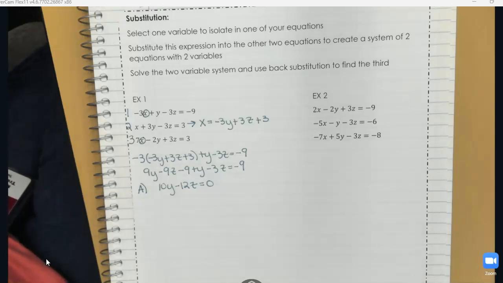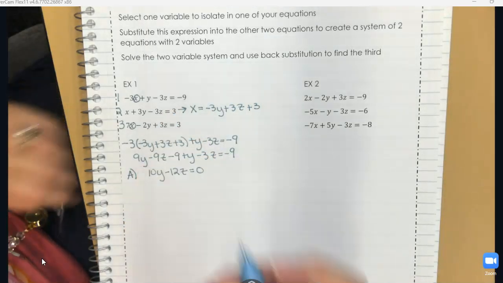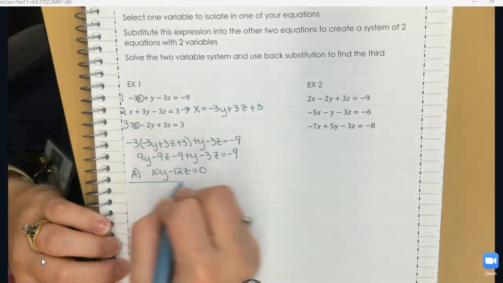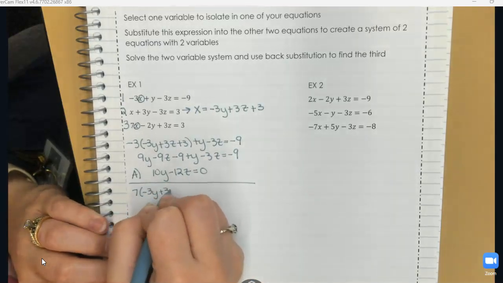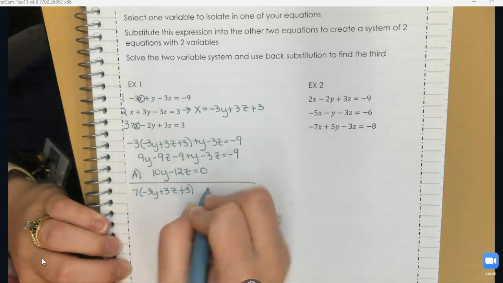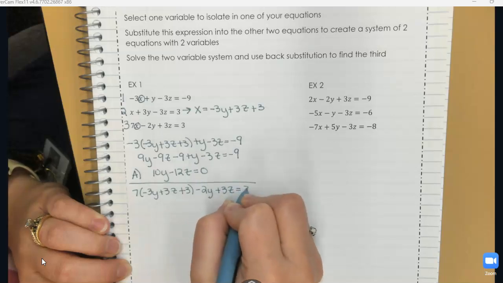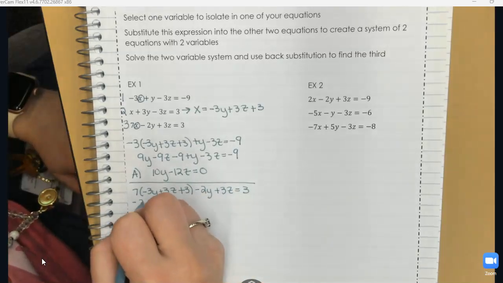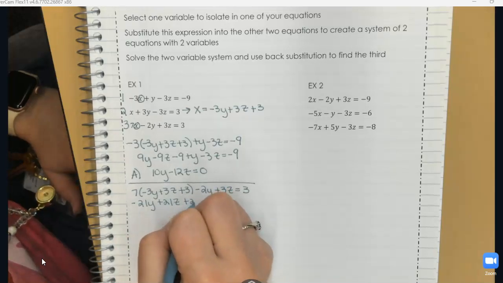Okay, so now I need to do the same thing but plug this in for x in equation 3, so that's going to look like 7 times negative 3y plus 3z plus 3, minus 2y plus 3z equals 3. That's going to give you negative 21y plus 21z plus 21.